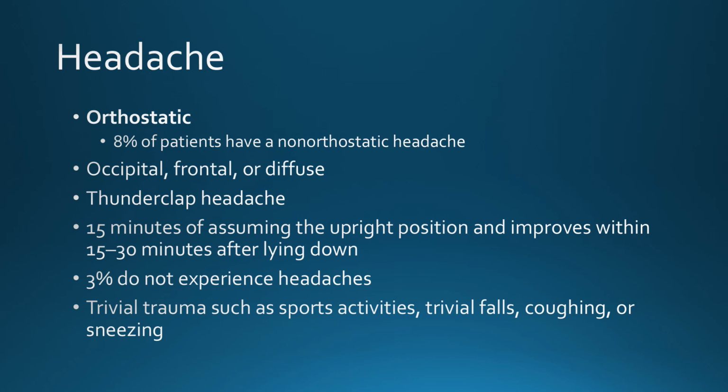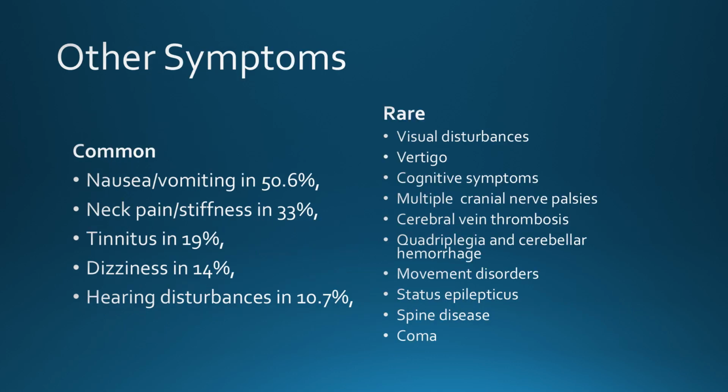and these are the patients who are often misdiagnosed. It is not surprising that patients may present with a history of trivial trauma like a sports injury or fall from their own height, or the headache starts after coughing, straining or sneezing. The other common symptoms associated with headache are nausea and vomiting, seen in nearly half of the patients, and neck pain and neck stiffness.